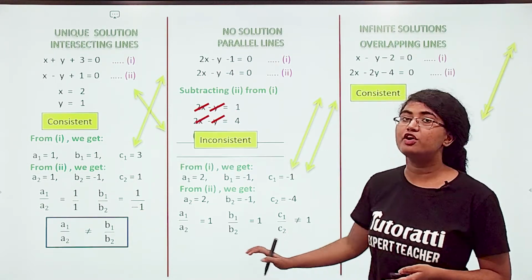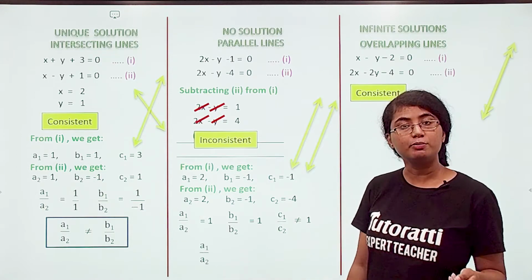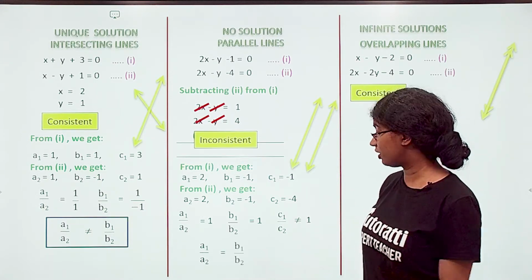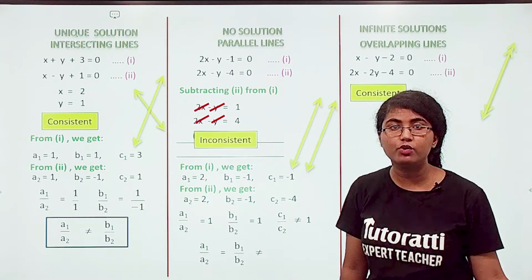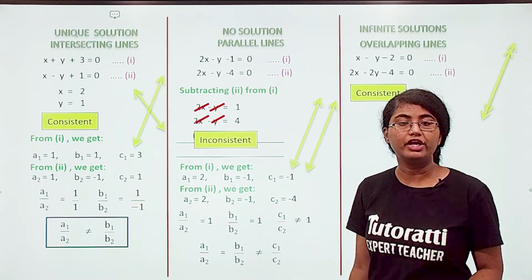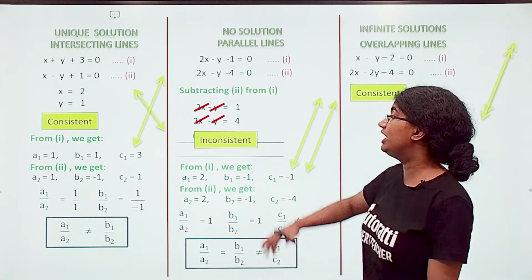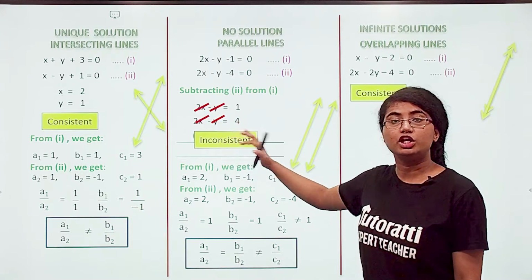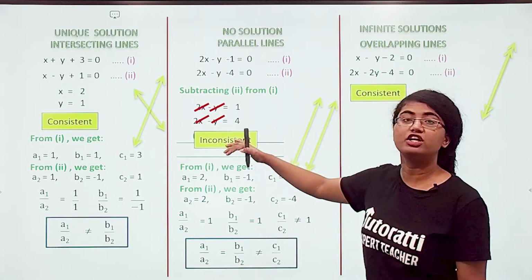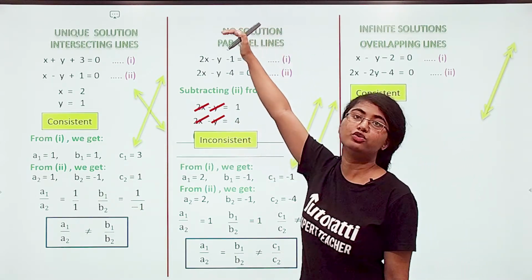So the condition we establish here is a1 upon a2 equals b1 upon b2, but it is not equal to c1 upon c2. This is the condition for inconsistent equations, which means they have no solution.